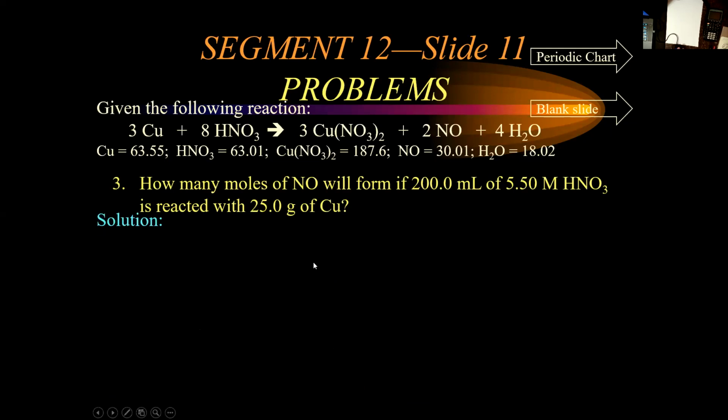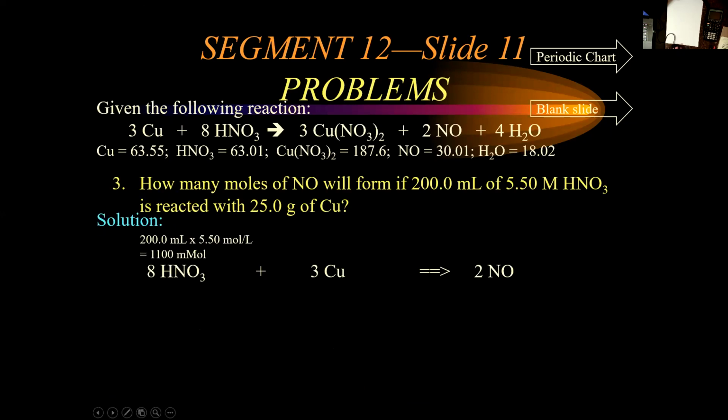How many moles of NO will form if 200 milliliters of 5.50 molar nitric acid is reacted with 25 grams of copper? Okay, again, the nitric acid, copper, and NO, nitrogen monoxide or nitrogen 2 oxide, that's the only things that are involved in the reaction, or in the problem.